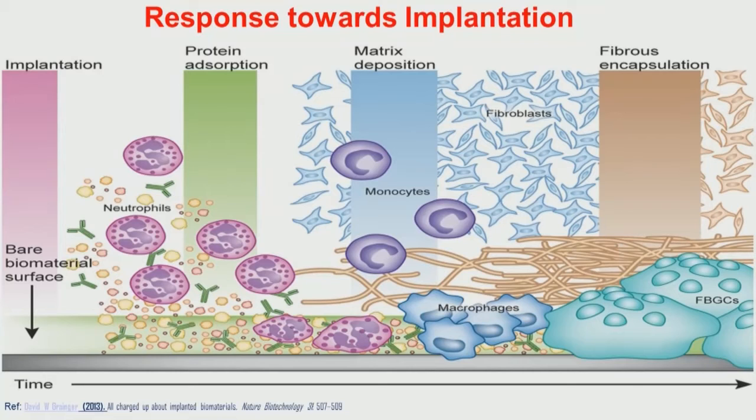This acts as a precursor for the adhesion and functionality of fibroblasts on the protein adsorbed layer. Simultaneously, other cells like monocytes also adhere along with the fibroblasts.